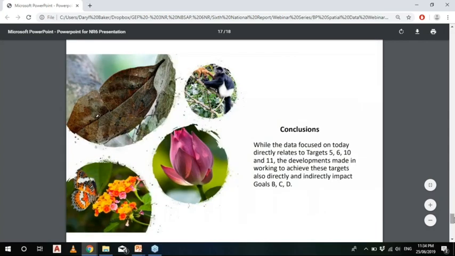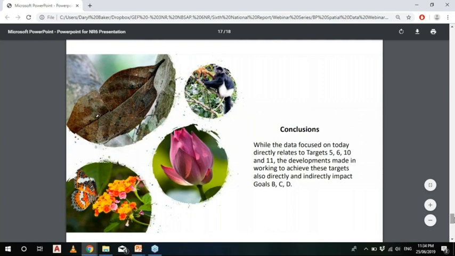So, as I said earlier in my presentation, in the beginning we had some difficulties in getting spatial data, and we only have some spatial data for some targets, IT targets only.